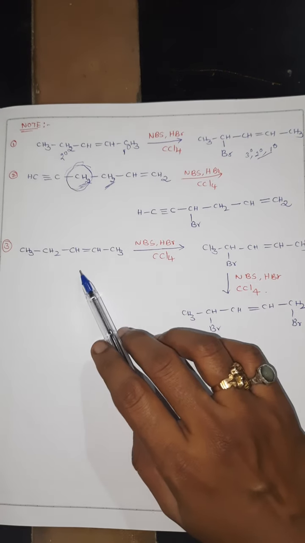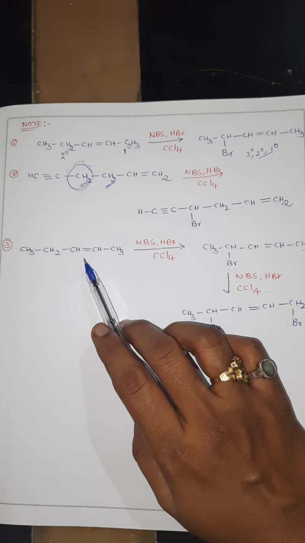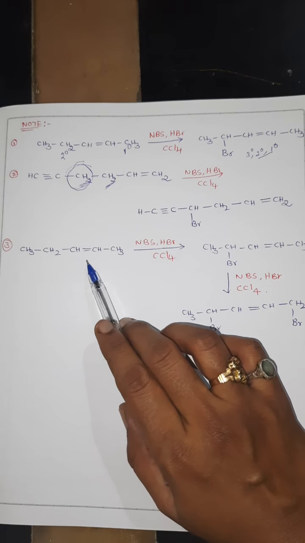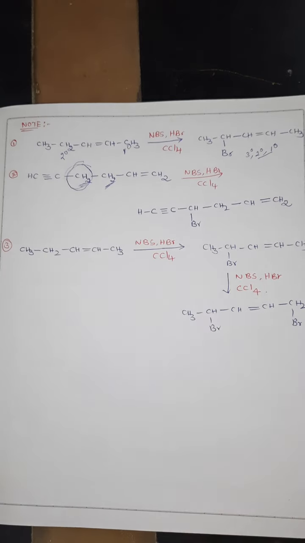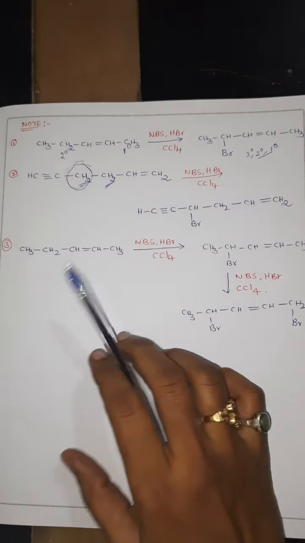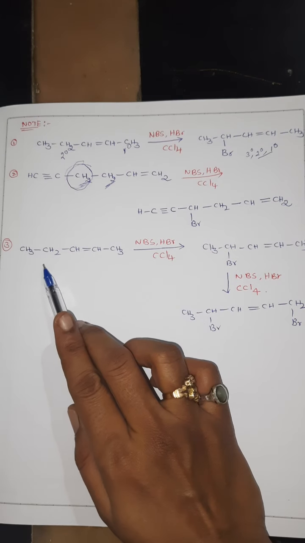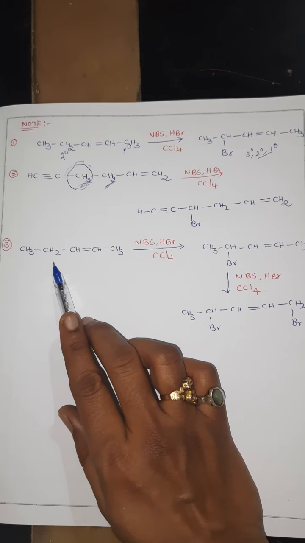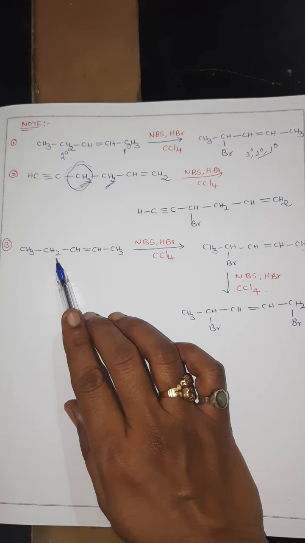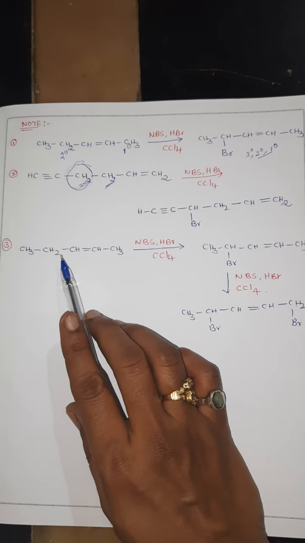And the next characteristic is, if the alkene has two different allyl positions, then one of the allyl positions is brominated selectively. That means if the molecule has a tertiary allyl carbon, then it undergoes halogenation first.